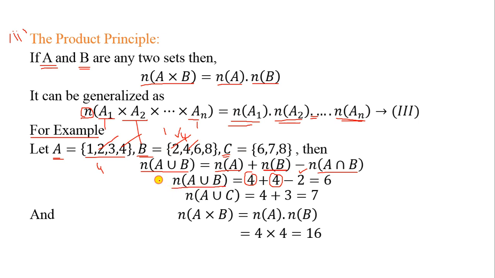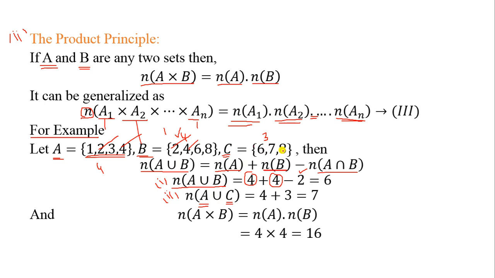Secondly, we want to see how many elements are there in the union of A and C. Firstly, look at A and C. A is a set in which there are 4 elements, which are 1, 2, 3, 4, and when you see set C, it has 3 elements, and elements are 6, 7, 8.